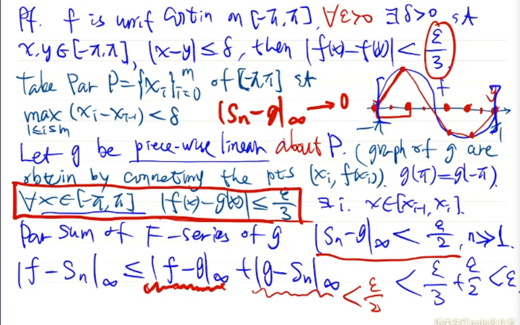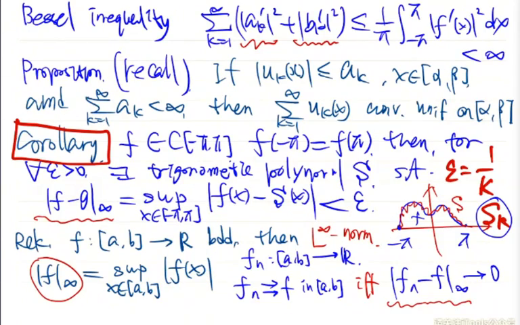Therefore, we have found the trigonometric polynomial S_n. The L infinity norm of f minus S_n is less than epsilon when n is large enough. This proves our result. Now to prove our corollary: the continuous function f can be approximated using a trigonometric polynomial s.